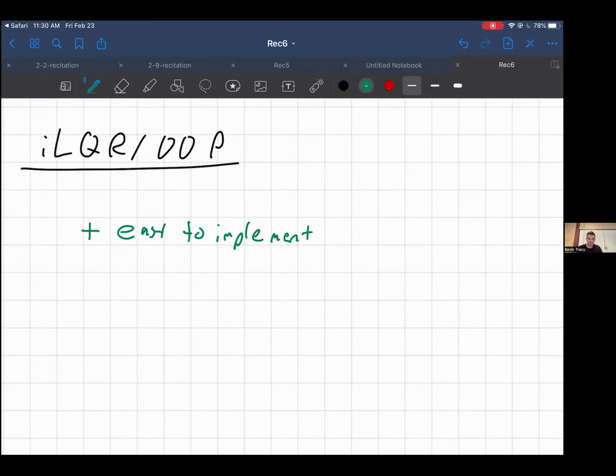You'll do it in the next homework. You get a time varying LQR controller at the end of it for free. So after you solve it, you get a TVLQR controller that you can use to track your trajectory.